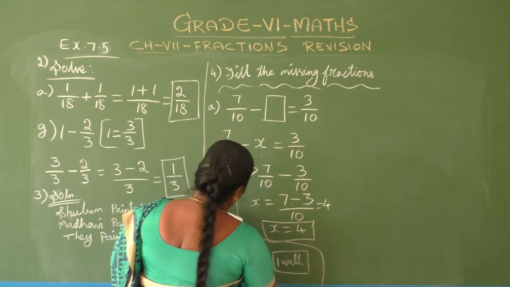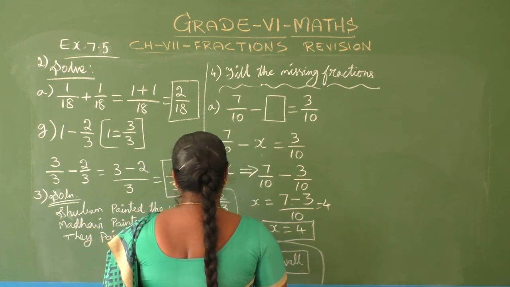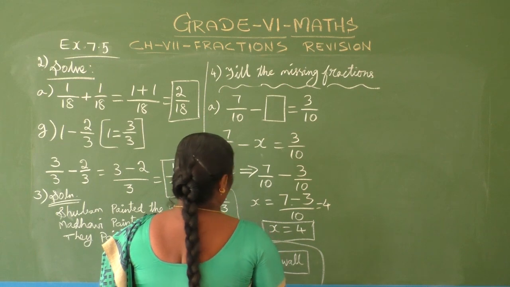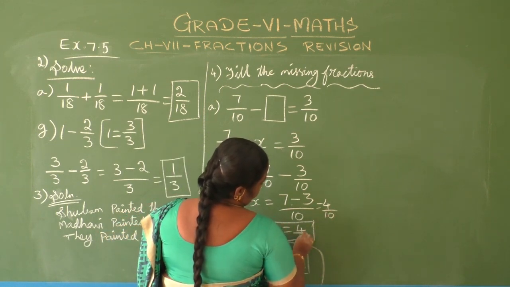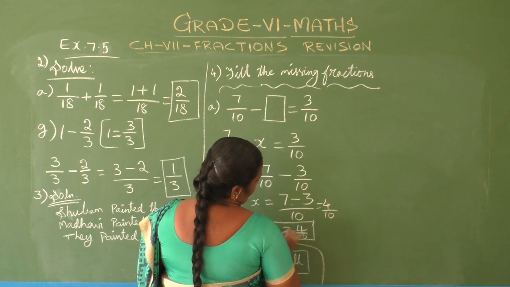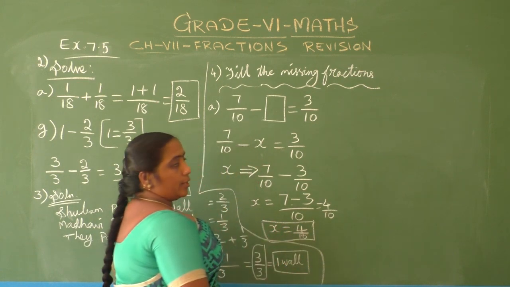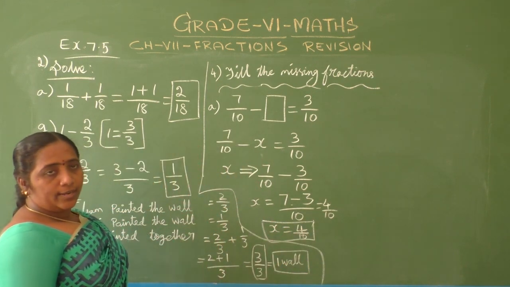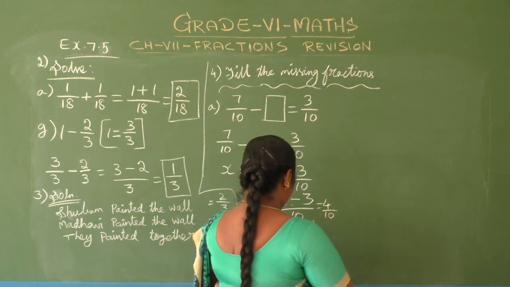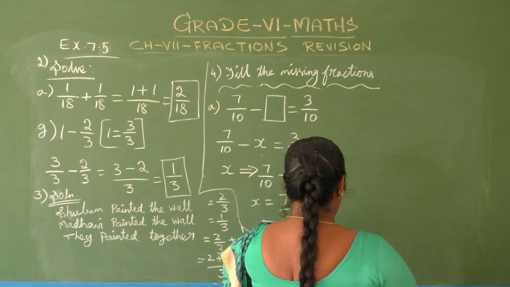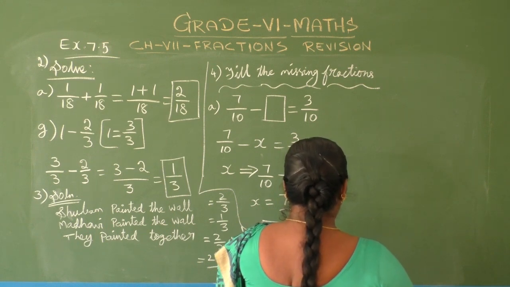Okay, ma'am? 4 by 10, because it's a fraction, so you must write the denominator also. Do you understand? One is enough.